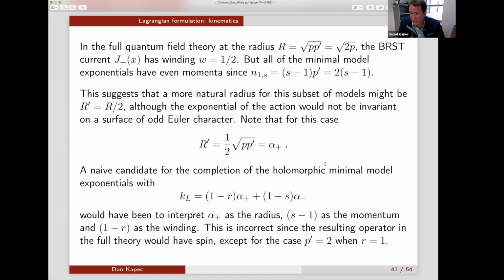Oftentimes people use the eta c model to bosonize the beta gamma ghost in the superstring. And this question of whether or not you keep the c zero mode is like the big Hilbert space versus the small Hilbert space.